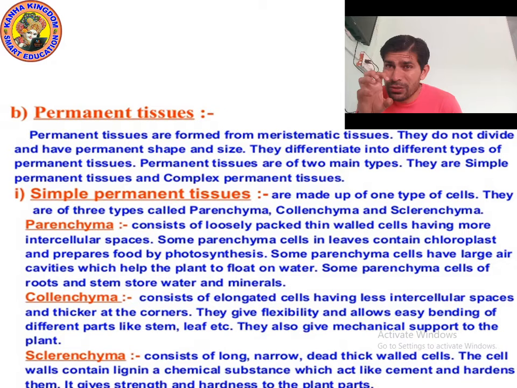What is the work of lignin? Lignin acts like cement and makes sclerenchyma hard. It gives strength and hardness to the parts of the plant.